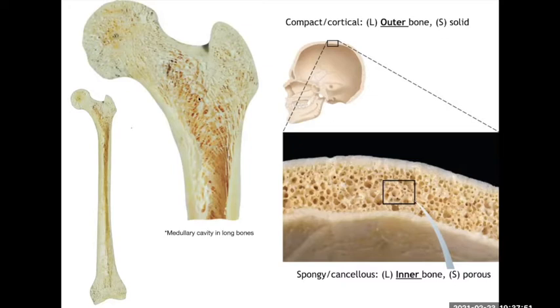Your spongy bone, because of all these pores, has a lot of space in there, which makes this whole thing much more lightweight than if it was all compact bone. So the compact bone is this protective outside, and it isn't too heavy. You've got all this spongy bone, which is strong because of the way it's organized, but it's also lightweight. Compact bone, spongy bone.